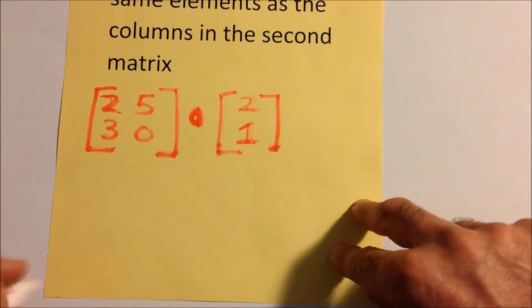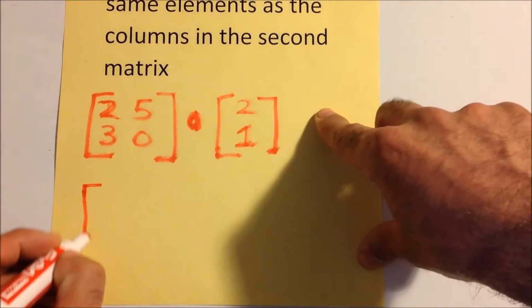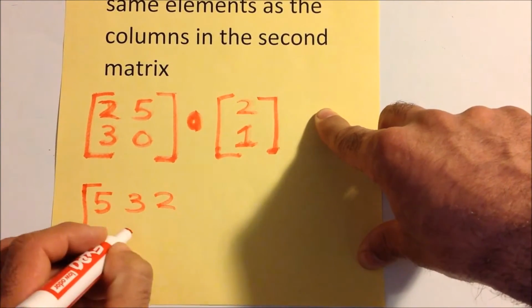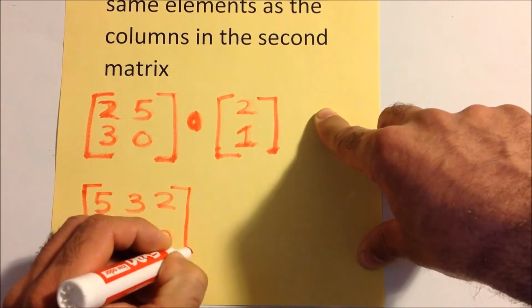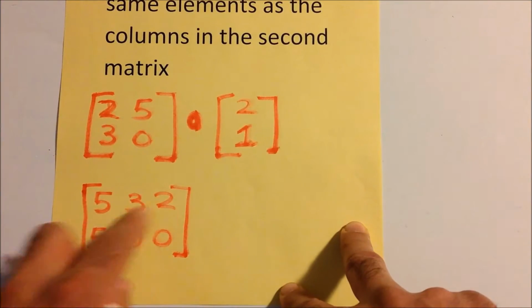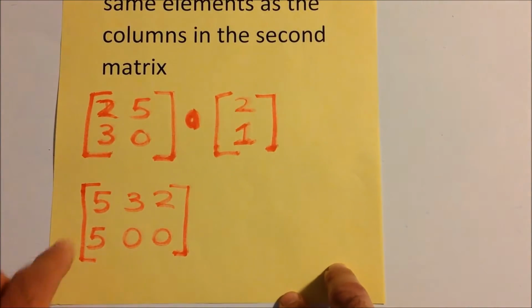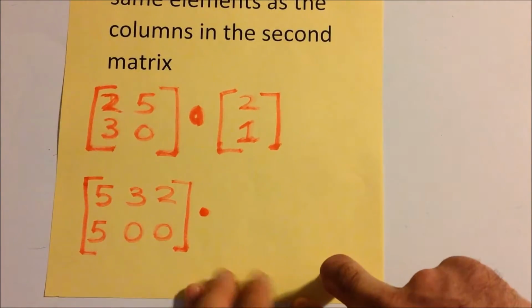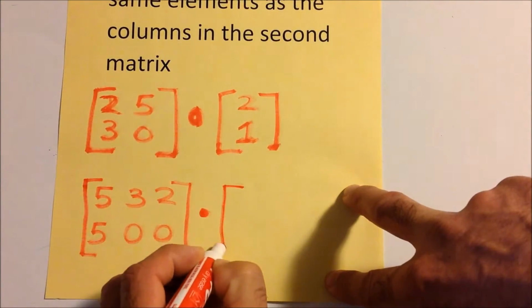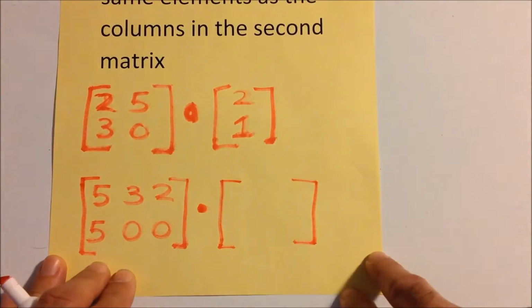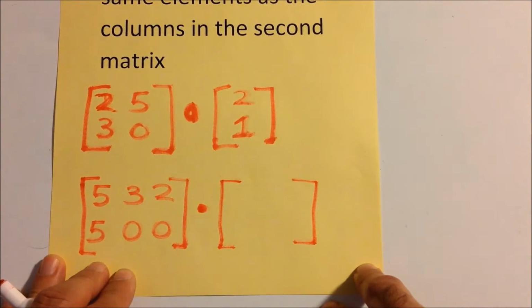Let me give another example. So here we have a matrix that is 2 by 3. Remember, the rows come first. In each row there are three elements. So now if we were to multiply a matrix, what do I need in the columns? I need exactly three elements.